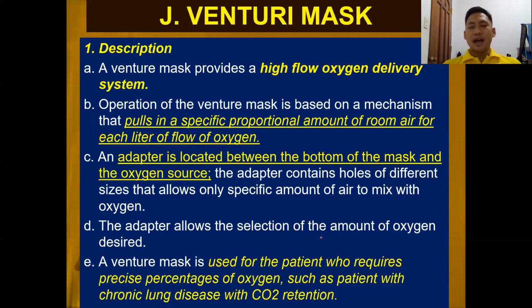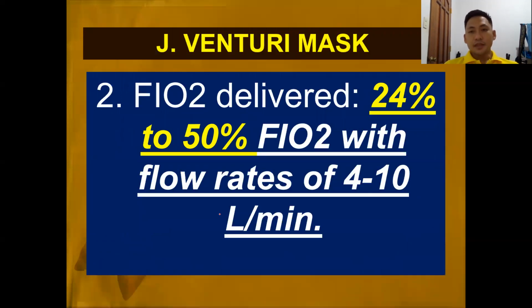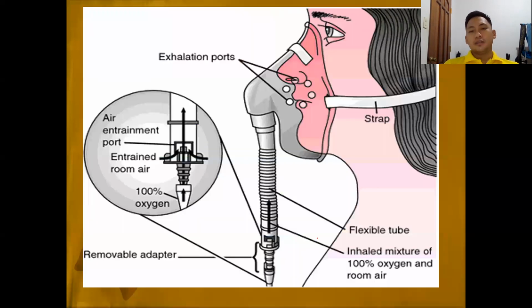Operation of the Venturi mask is based on the mechanism that pulls in a specific proportional amount of air in each liter flow per minute. So yung pasyente kung kailangan talaga niya ng exact FiO2 delivery, a Venturi mask can be used. It can deliver 24 to 50% FiO2 with flow rates of 4 to 10 liters per minute.